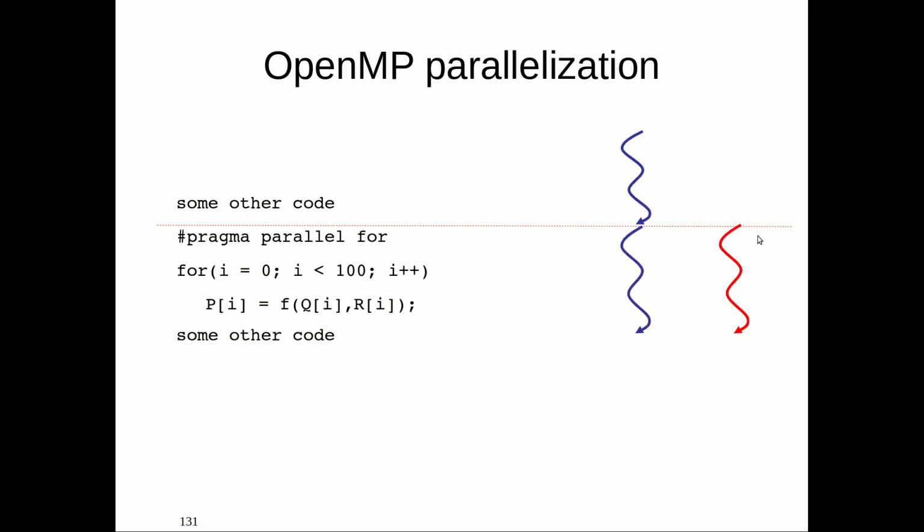In the parallel region, two or more threads are started, and once we exit the parallel region, the threads are synchronized again, so we make sure that all threads have finished their work and we have valid entries in our conditional likelihood vector p. Here I'm showing again how the work among the threads will be split up in the most simple case. Then the single thread continues executing the sequential part of the program.